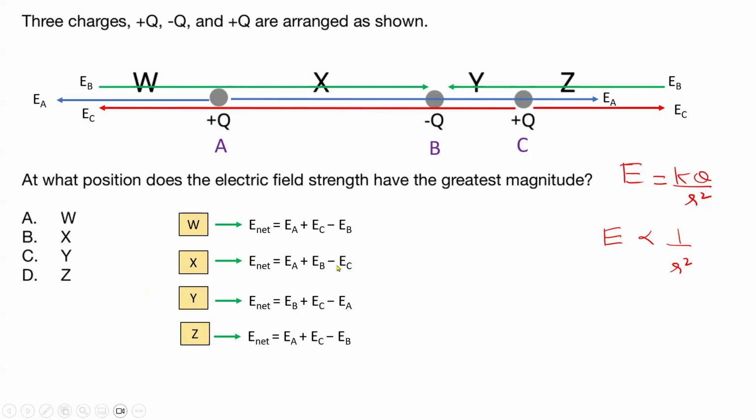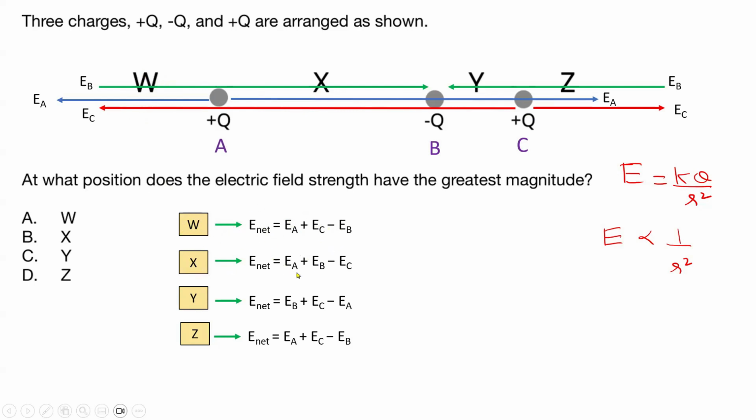EA will be smaller. In all the other options, the two positive electric fields do not have a great enough magnitude. For example, for W, EA and EC are both going leftwards, but W is close to A, that's fine, but W is far apart from C. So even though EA will be great, EC will be small, which means the net electric field at W will still be smaller.